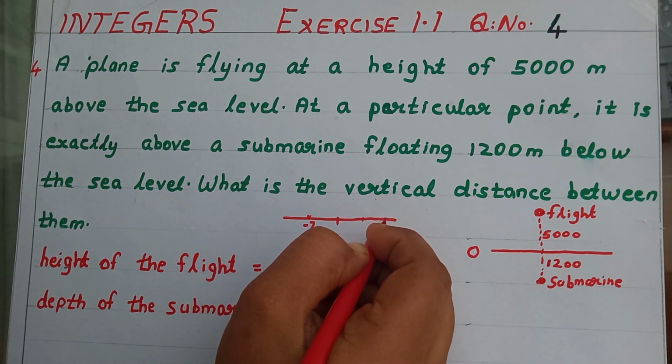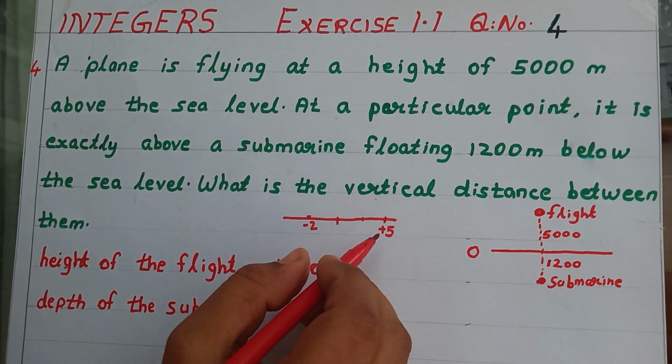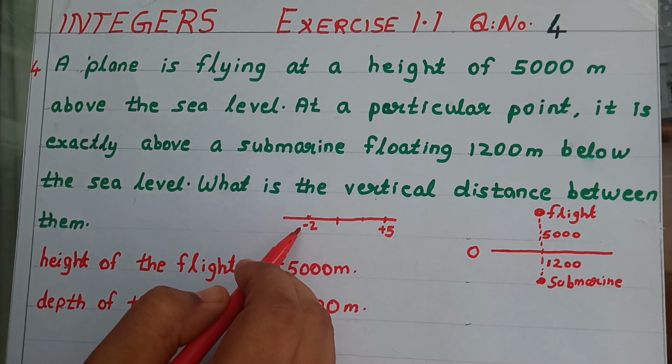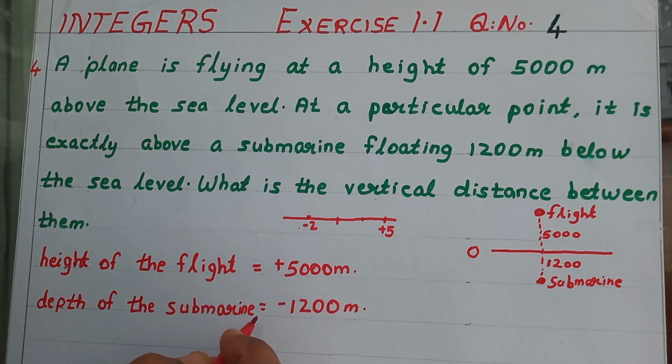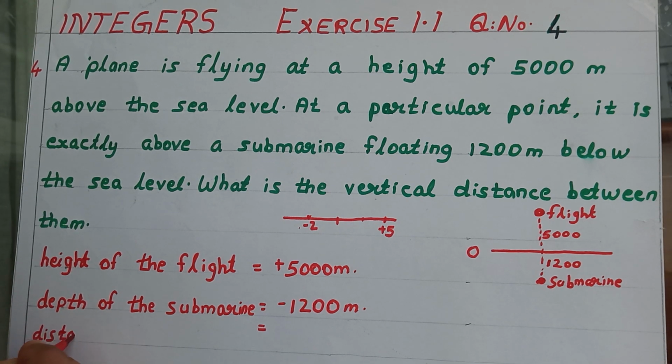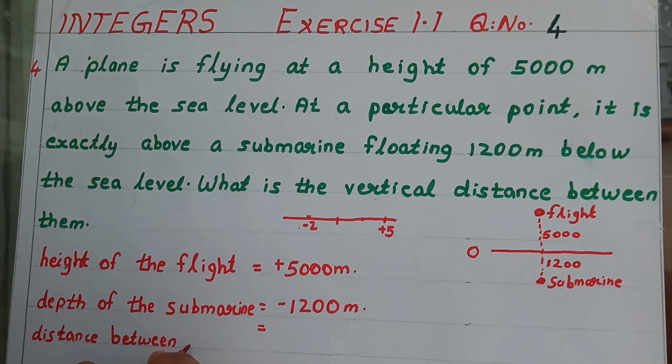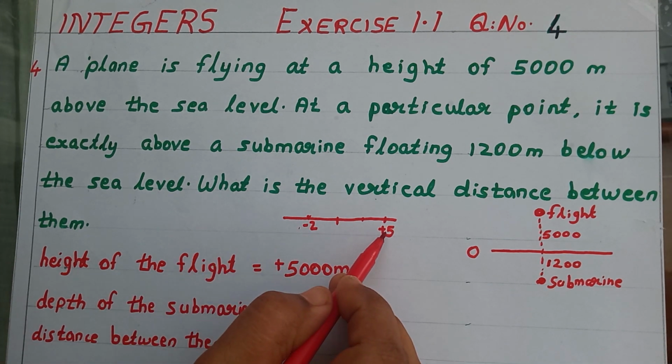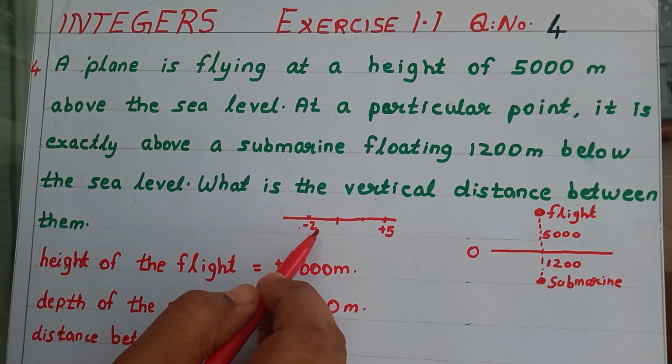In the same way, we found the distance between minus 2 and positive 5. See, positive 5 minus minus 2. In the same way, here we can find the distance between flight and the submarine. Distance between them, them means flight and the submarine, equal to, see, 5 minus of minus 2.